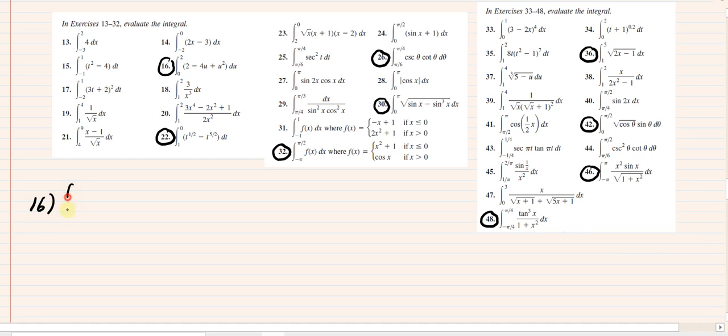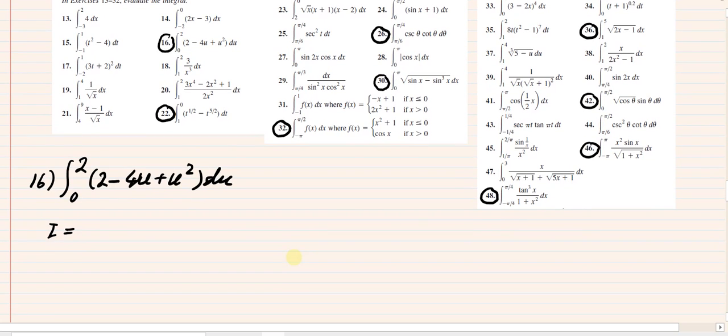Exercise 16: we have the integral from 0 to 2 of (2 minus 4u plus u squared) du. The way we do this is just like the indefinite form. With indefinite form we have a constant of integration.